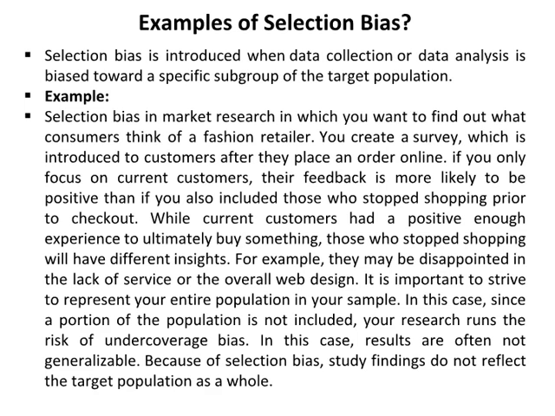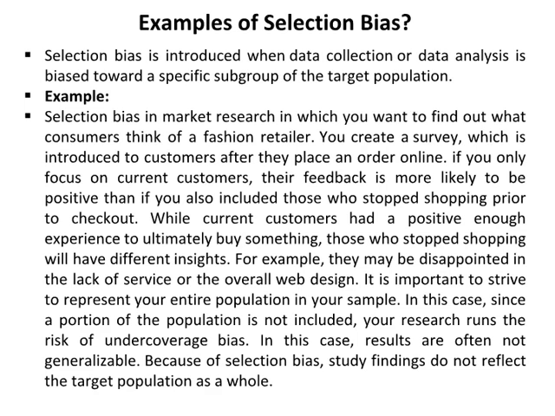If you only focus on current customers, their feedback is more likely to be positive than if you also included those who stopped shopping prior to checkout. While current customers had a positive enough experience to ultimately buy something, those who stopped shopping will have different insights. For example, they may be disappointed in the lack of service or the overall web design.